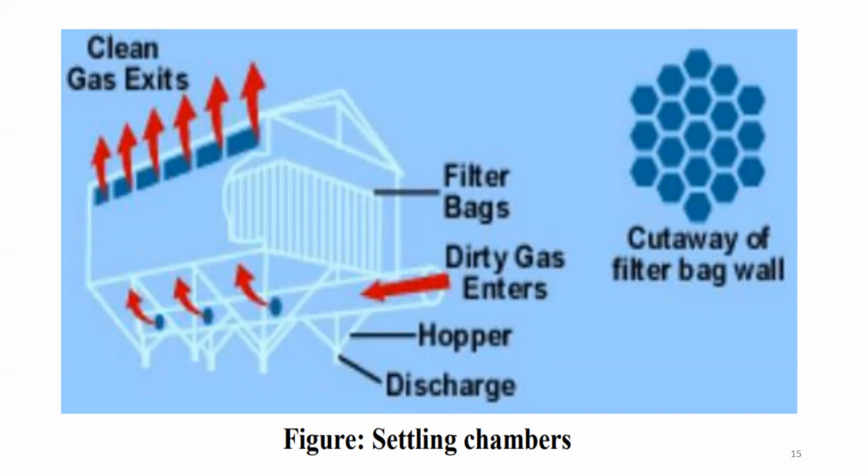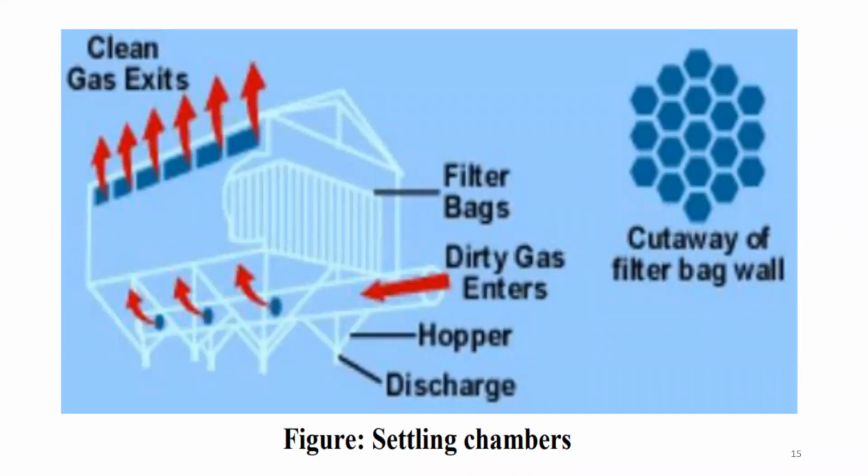When these filter bags are shaken by motors or fans or some external agency, the bags separate the dirty solid particles, which are collected with the help of the bottom conical design, using gravity.